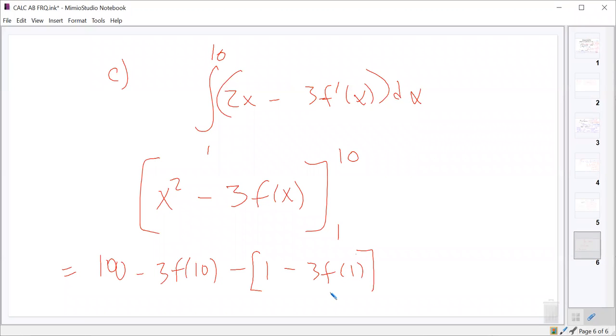I don't have the chart in front of me, but what was the value of f of 10? So minus 3 times negative 6, so 100 plus 18. I'll write this over here. F of 10 was negative 6, and what was f of 1? 3. So 100 plus 18 minus 1 minus 9.